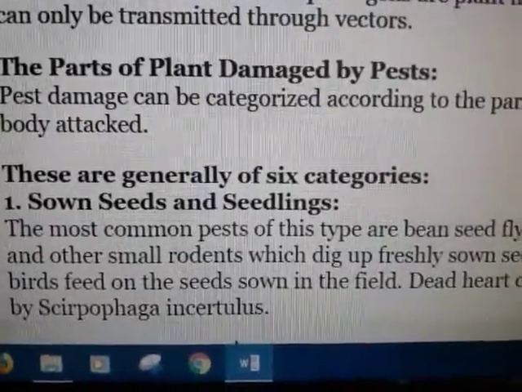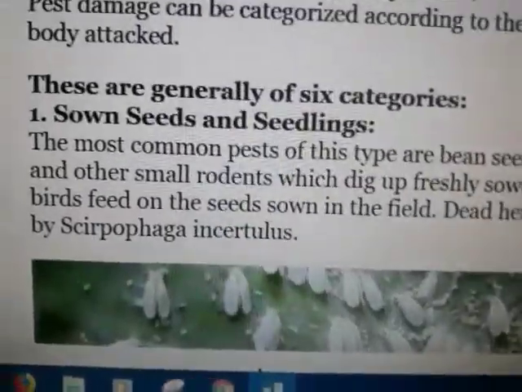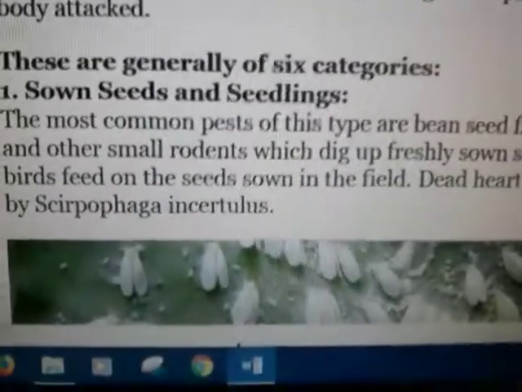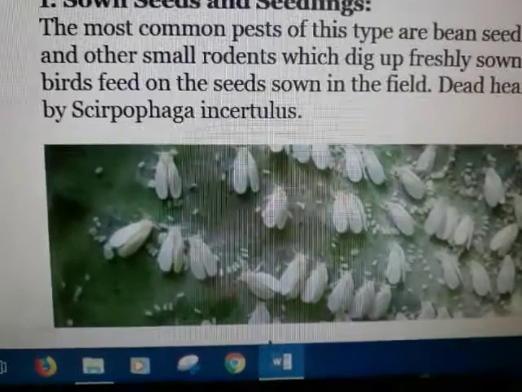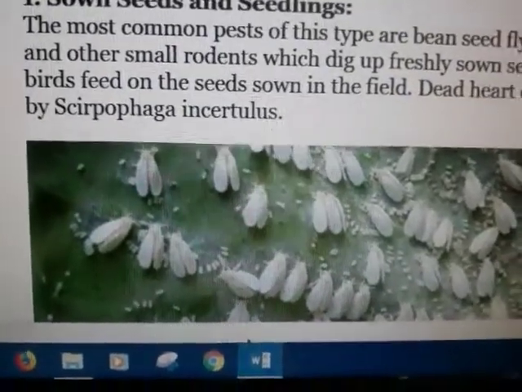The parts of plant damaged by pests, there are 6 categories. First, sown seeds and seedlings.